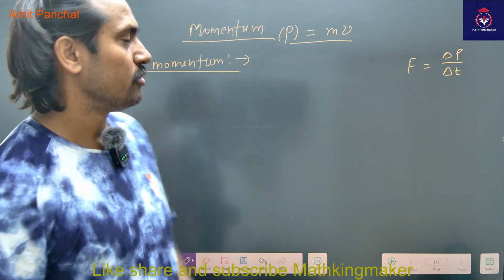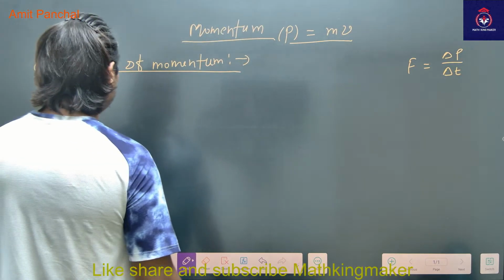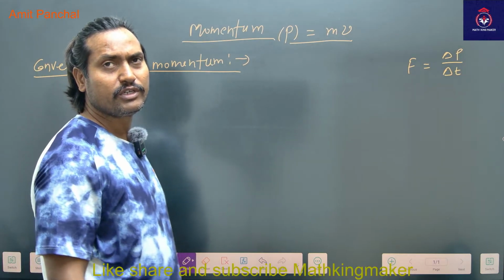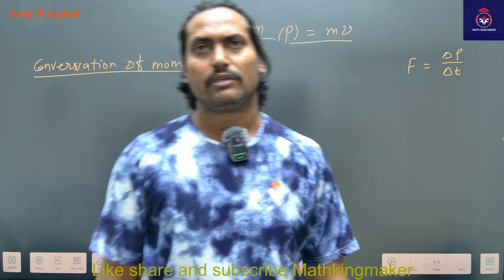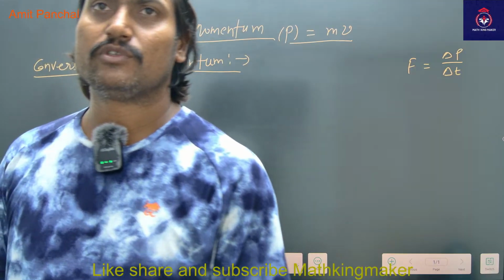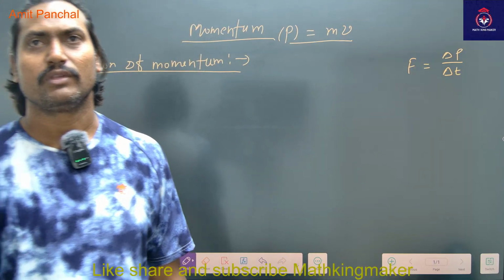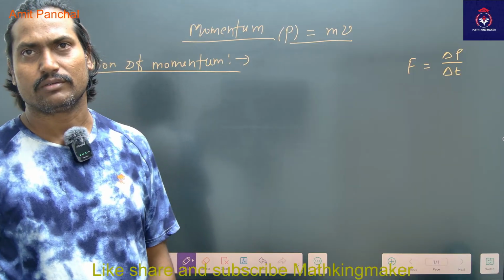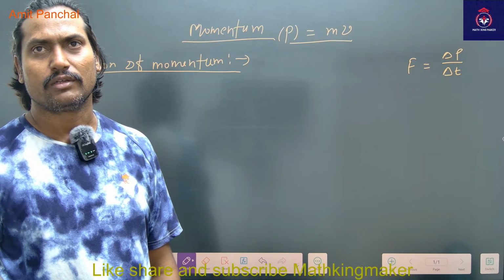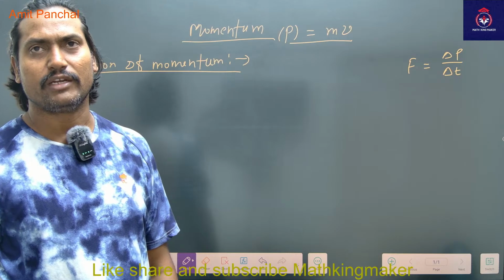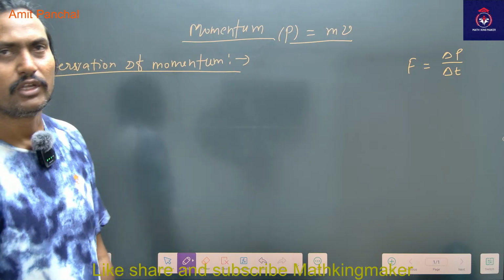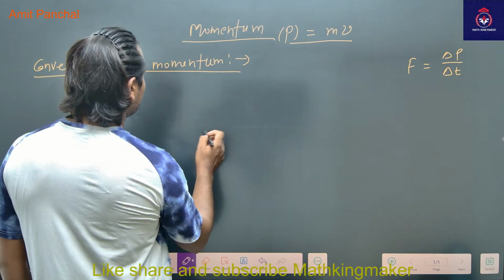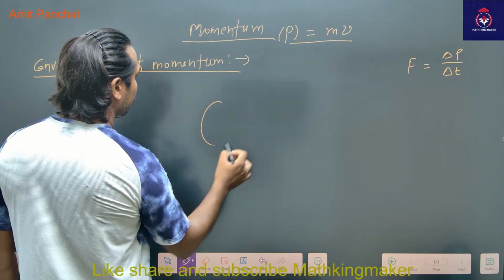For an example, it is also connected with Newton's third law. There is an equal and opposite reaction to every action. So that is Newton's third law. Let us say we have two bodies.